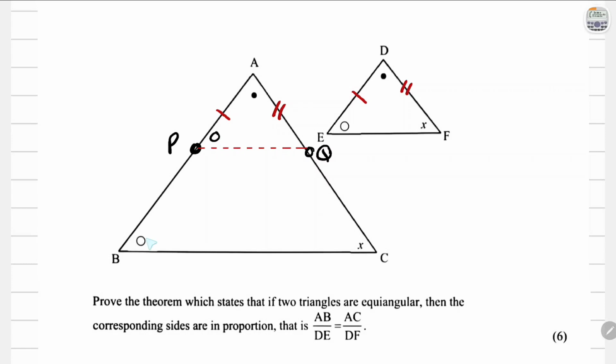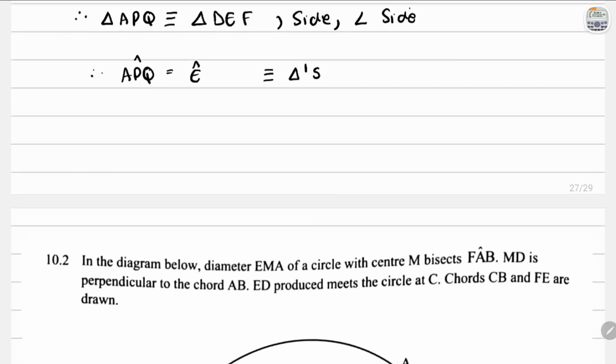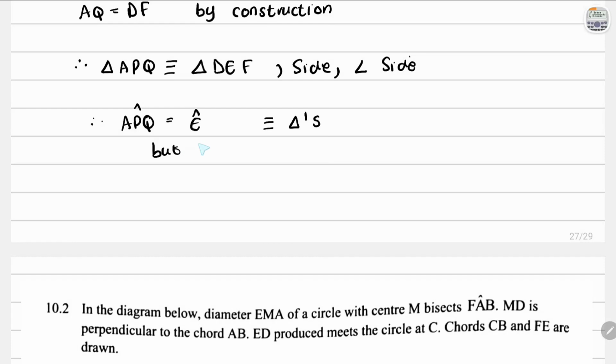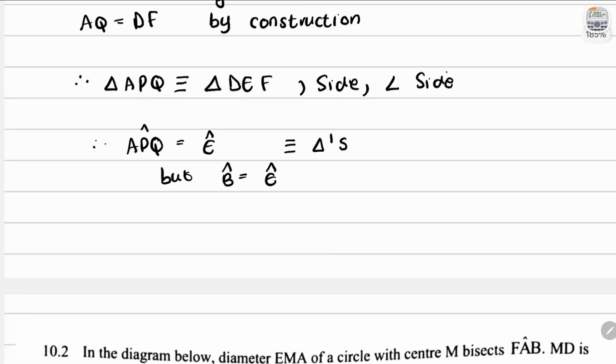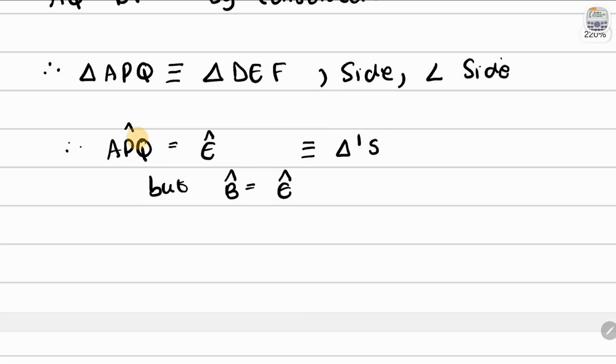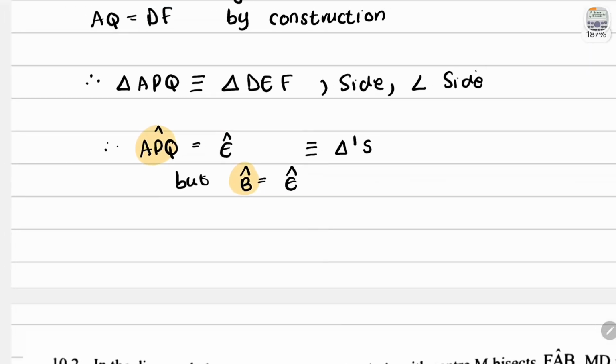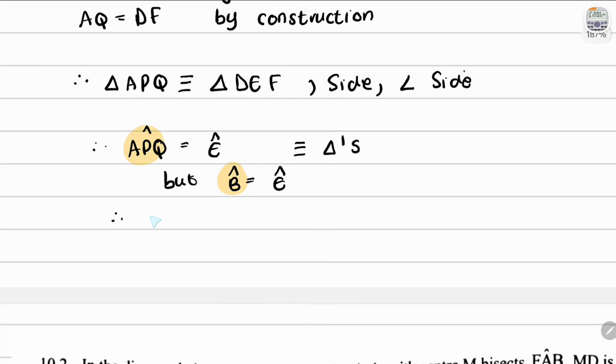But initially we already knew that angle B was equal to angle E. So we're going to tell them that. Tell them, but we already knew that angle B was equal to angle E. So what does that mean about angle APQ and angle B? That would mean that those two angles are exactly the same as well. It means that angle APQ is finally also equal to angle B.